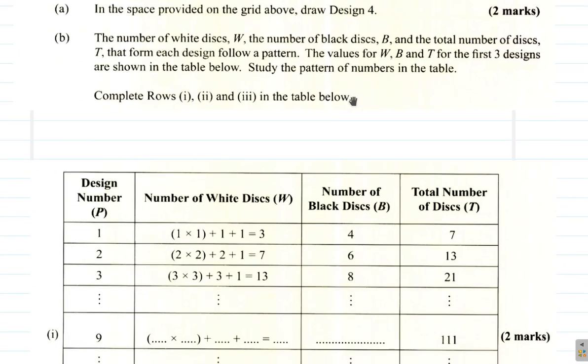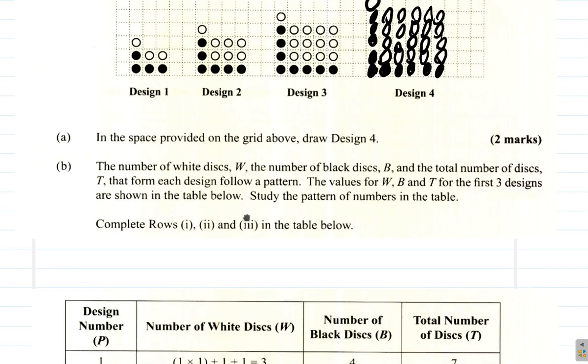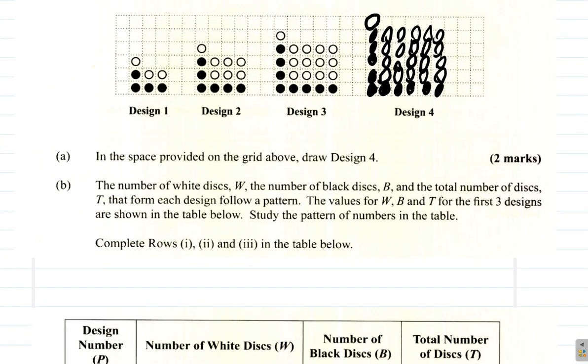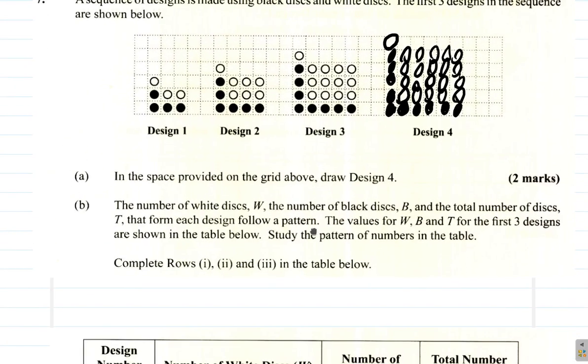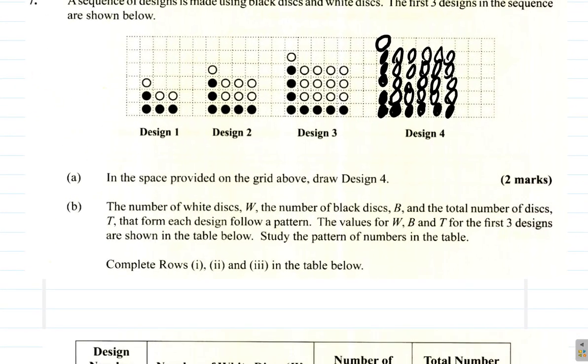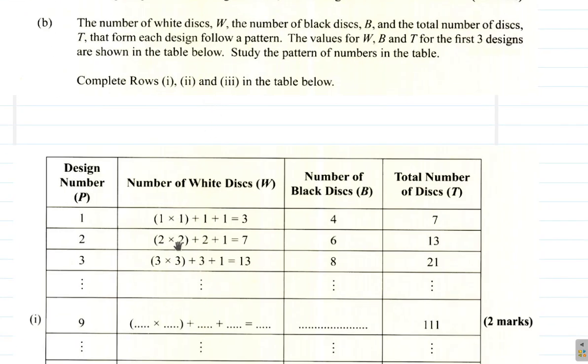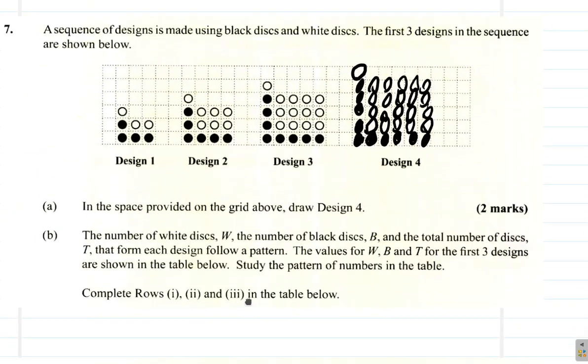Interesting. Row 1, you have 1 times 1 plus 1 plus 1. Let us see. Here, 1 times 1 would be this. Remember what it says, the number of white discs. 1 times 1 would be this one, plus 1 to the upper left, plus 1 to the right. 2 times 2 plus 2 plus 1.